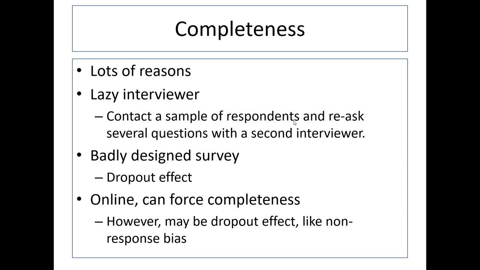We may have a really badly designed survey that bores and confuses people, and they drop out after doing 50% of the survey. Online, we can force completeness, but we can't really force against dropout effects. A lot of this is learning how to do it: running your first survey, seeing what you get back, how many people dropped out, and whether we can improve it or not. So it's a case of learning on the job and iterative improvement.